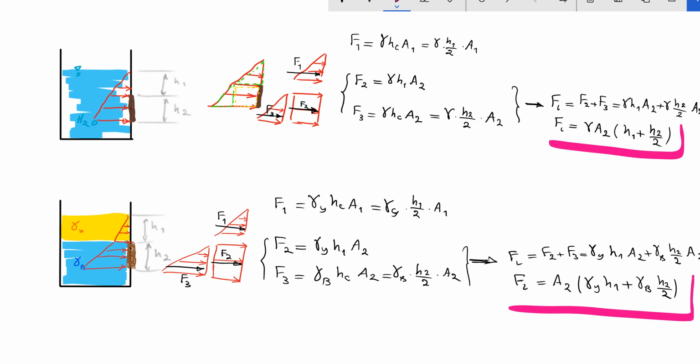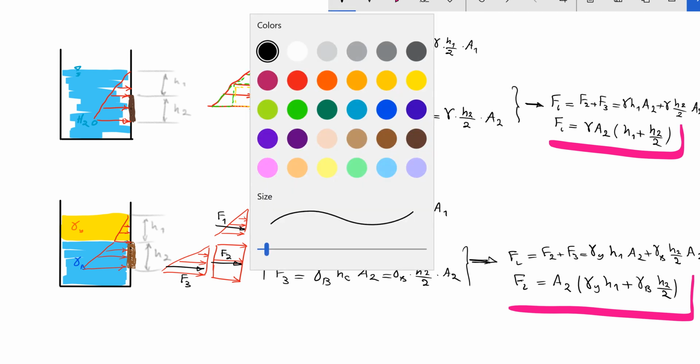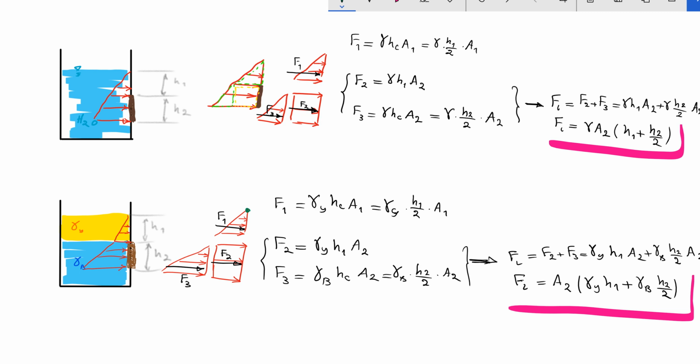Okay, and you know how to calculate the height of the final resultant force. You just need to find a moment about this point or this point, and you can easily find the final resultant force.